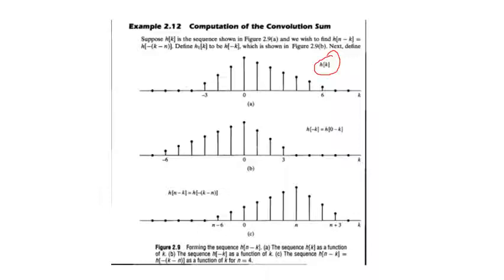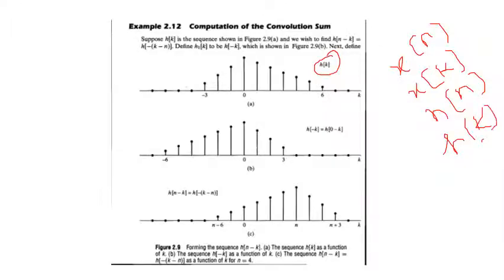So we first have the input x of n, we transform it to x of k, we have the response h of n, we transform it to h of k, and then we transform this to h of n minus k. So this is h of k, this is h of minus k, it means n is 0 here. H of minus k means we just flipped it. So minus 3 will come here, and this 6 will go to here.